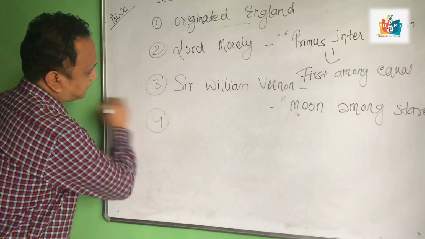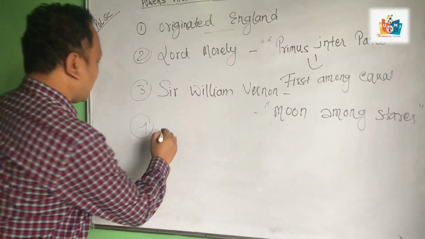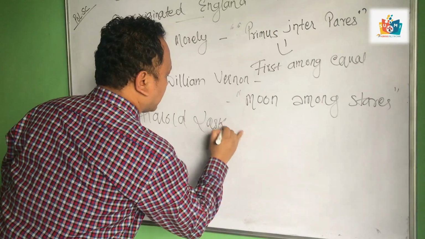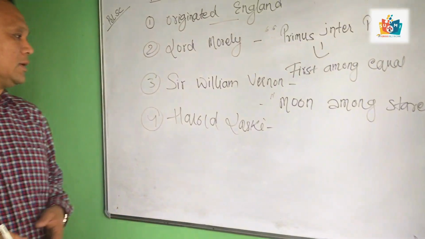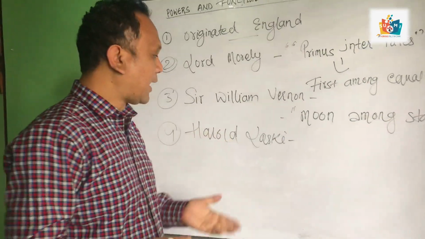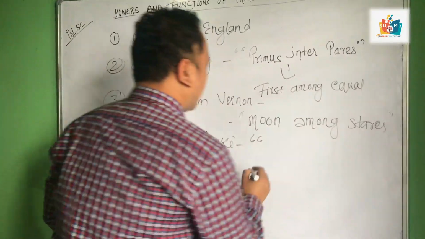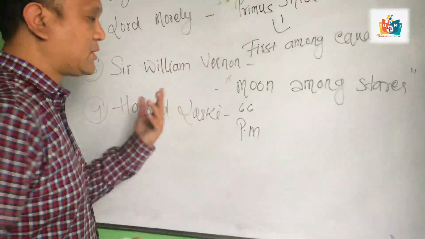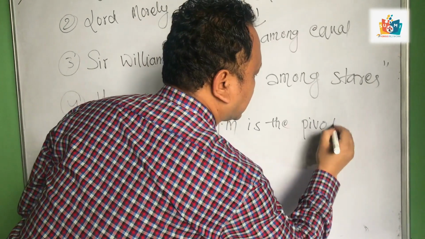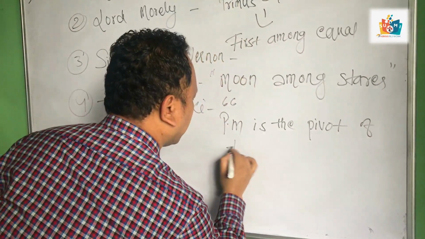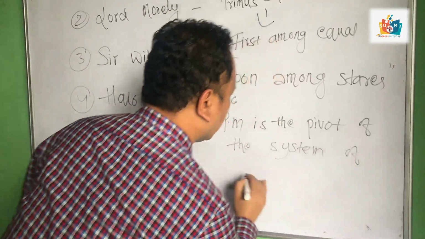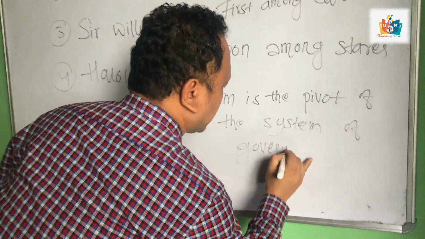Number four, Harold Laski. He was also a very renowned figure, a renowned politician and writer, and he stated that the Prime Minister is the pivot of the system of government.